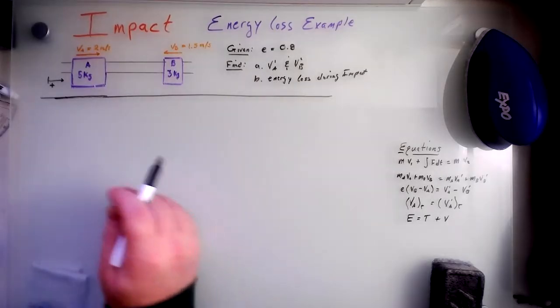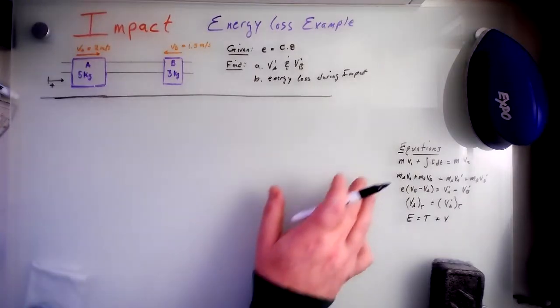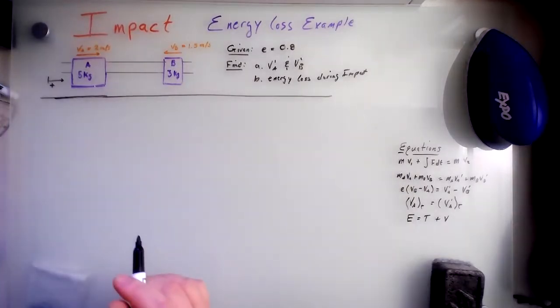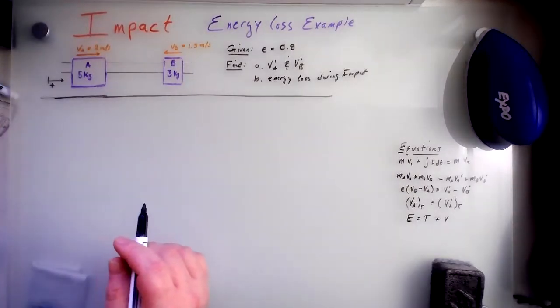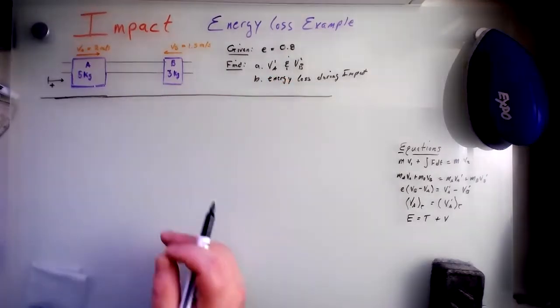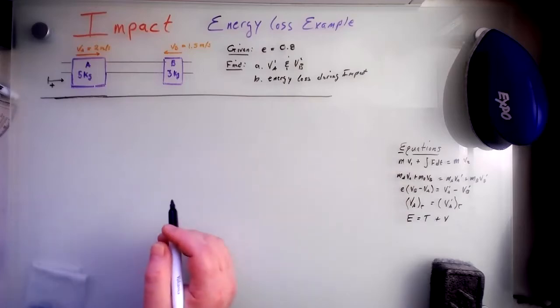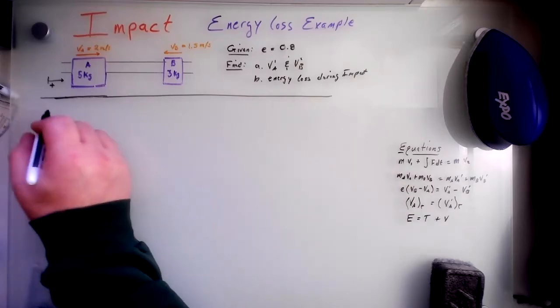So let's get started. From the last video, we know that we can use these equations to solve the system, and we have two unknowns, VA prime and VB prime, so we're going to need both of them.